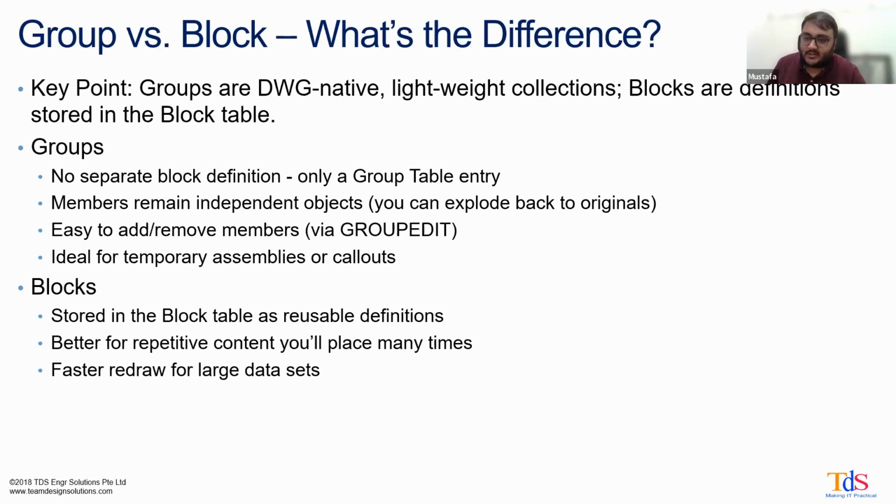With a block, let's say you want to create a chair. You probably have like 100 chairs, maybe in an office space, and all of those chairs are going to look the same. So there's no point in creating groups, or copy pasting everything again and again. That is where you create blocks: you create one chair, and then that chair is going to be the reference point for all the other chairs.